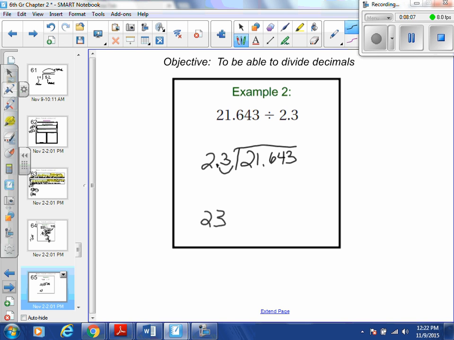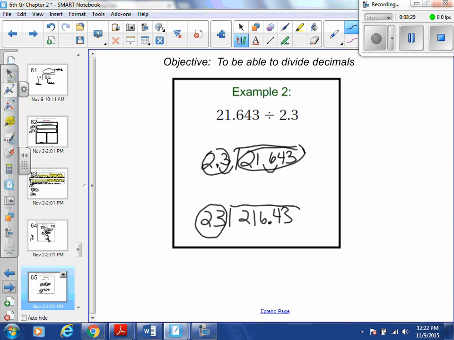If I do that to the divisor, I also have to do the exact same thing to the dividend. So we have 23 divided by 216.43. Your dividend might still have a decimal point in it, like this one does, but your divisor should not.